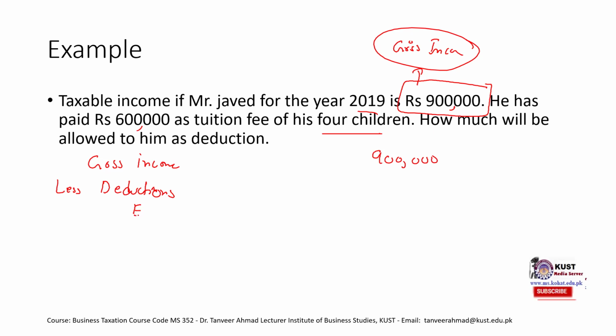So in this case we just have education. Within education, we would have 5% of tuition fees. So 5% of this 6 lakh rupees tuition would be 30,000. Remember, we are calculating just the limit, not the amount that is allowed for deduction, just the limit.